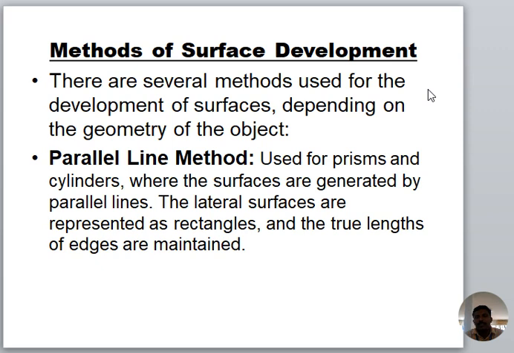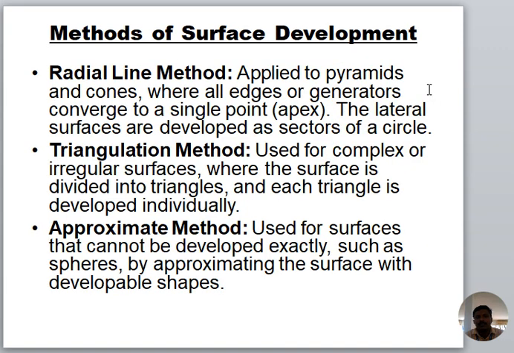Parallel line method is used for prisms and cylinders where the surfaces are generated by parallel lines. The lateral surfaces are represented as rectangles and the true lengths of edges are maintained in the parallel line method.